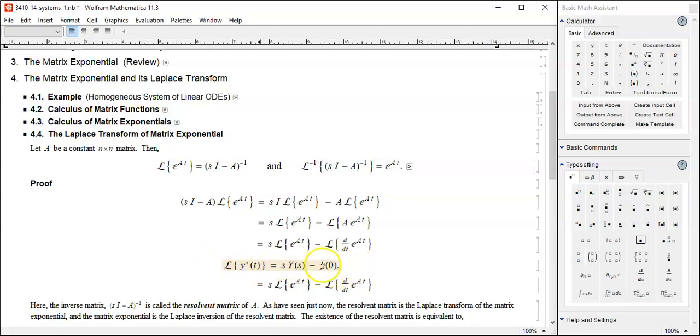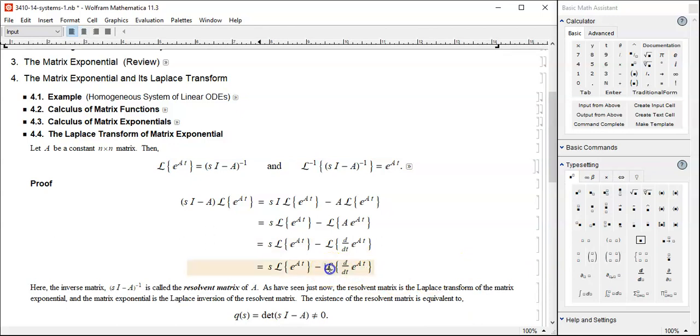Does everybody recall this formula? Input derivative formula. And if you're unsure, you can always go back to page 123 and look up that Laplace table. There has to be something like this there. And that's something we are going to apply here because we have the derivative here.